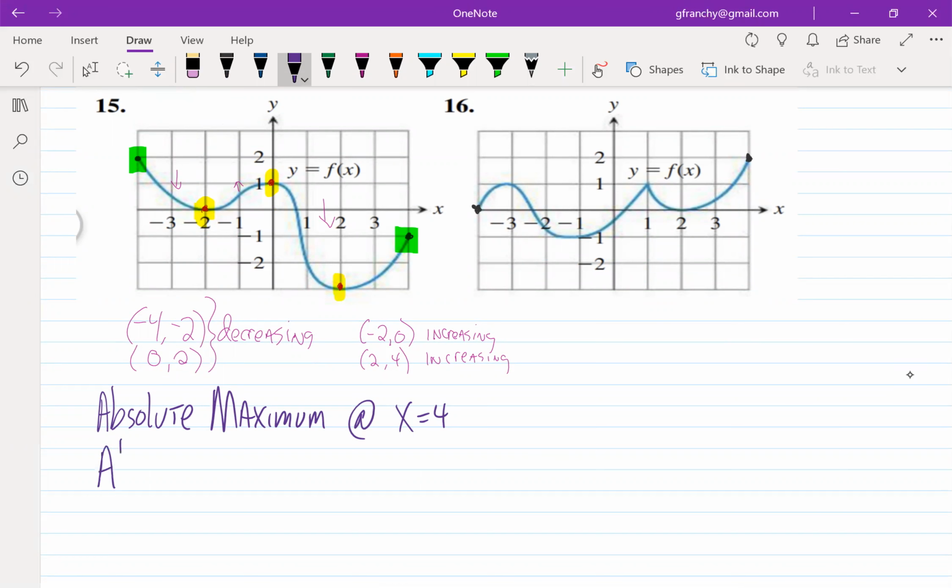We have an absolute minimum at x equals +2.